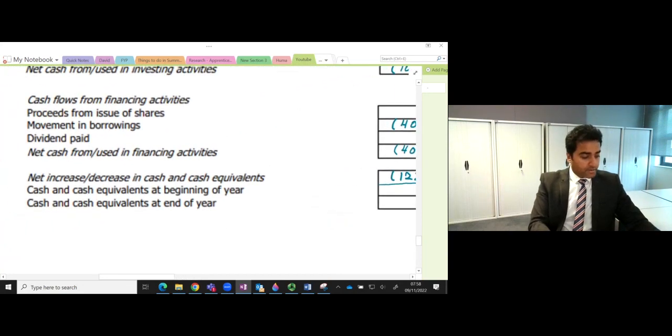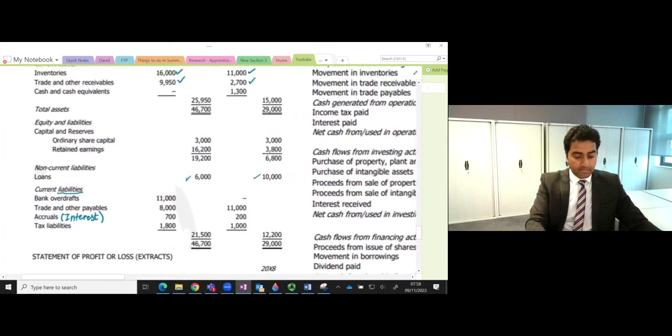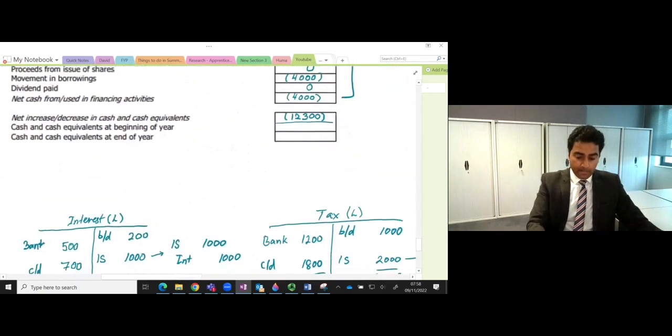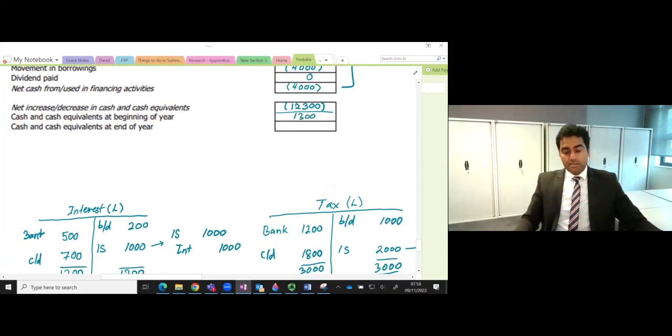Then I need to record the cash or cash equivalent at the beginning of the year. So let's have a look at our statement of financial position. Cash or cash equivalent over here, we had the opening balance of £1,300. So let's record it. So overall we have a negative 12,300, which is the net increase or decrease in cash or cash equivalent.